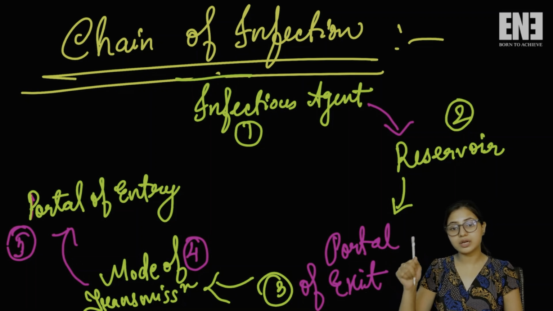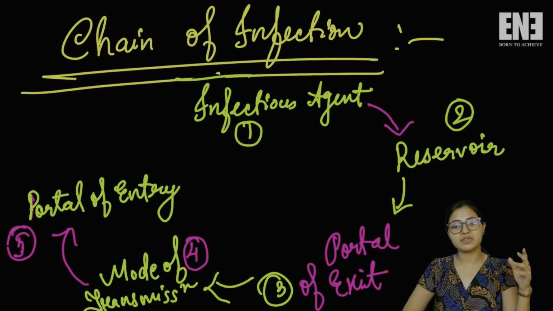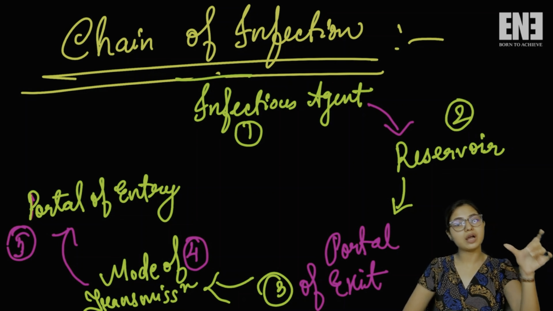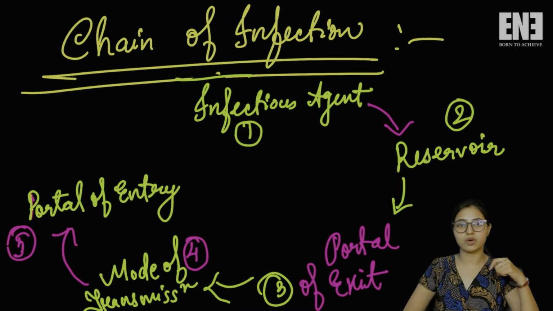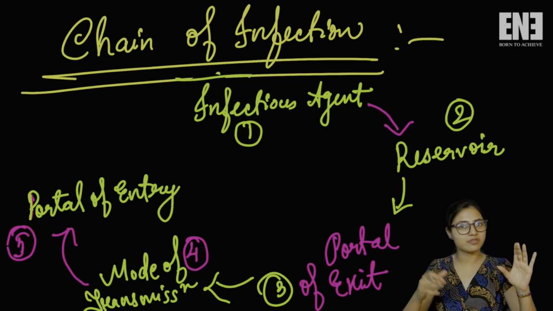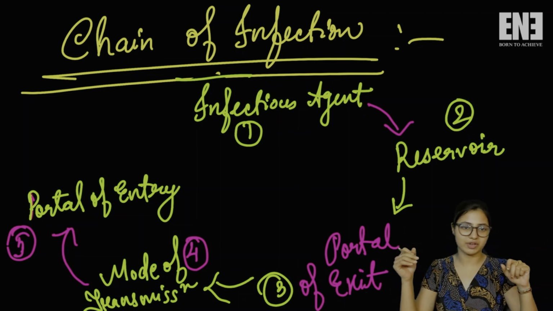And who becomes the host, basically those who are immunocompromised specifically. If the immunity in your body is properly there, that means it won't be able to cause specific infections in you. But if you are immunocompromised, if your immunity is reduced, that means you are the new susceptible host for the agent. Susceptible host means the host who is weak and who will be serving as a new reservoir for the infectious agent.